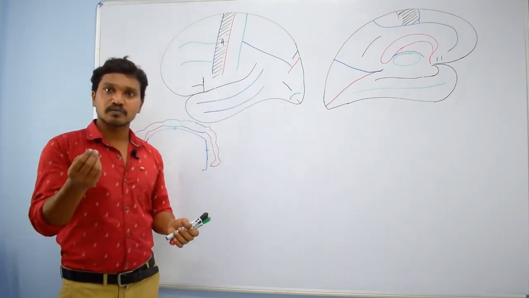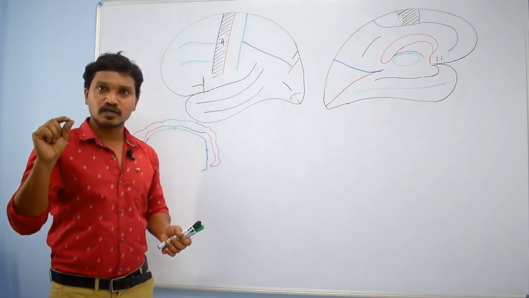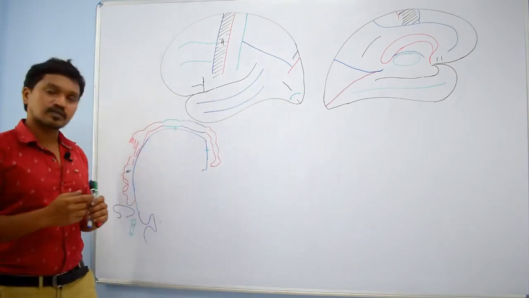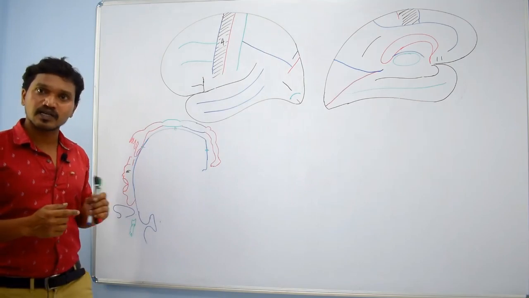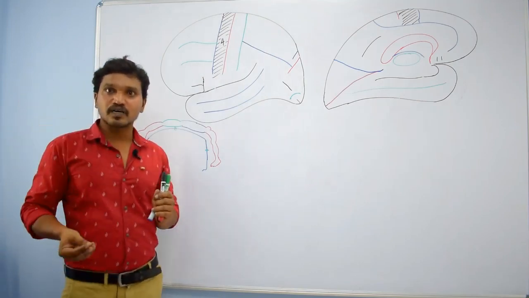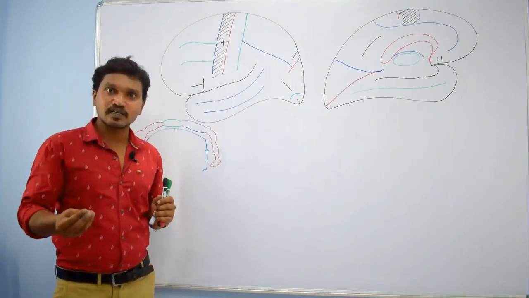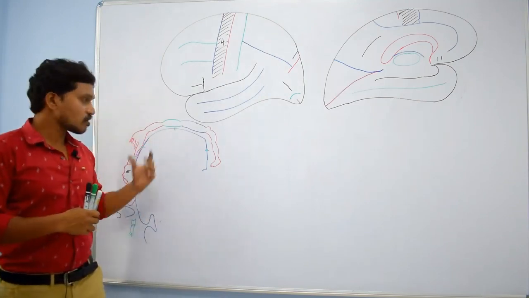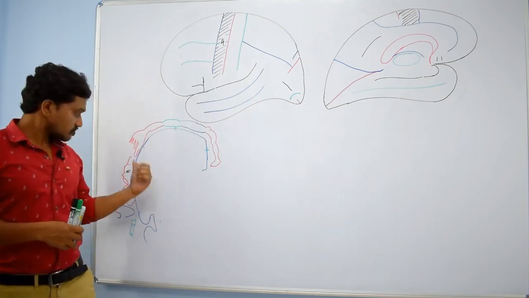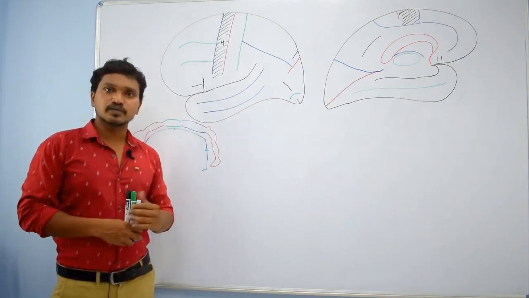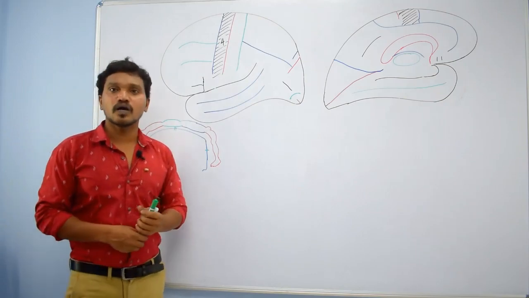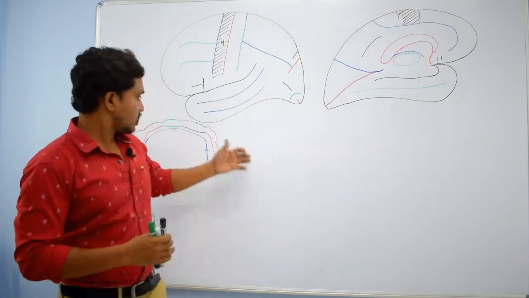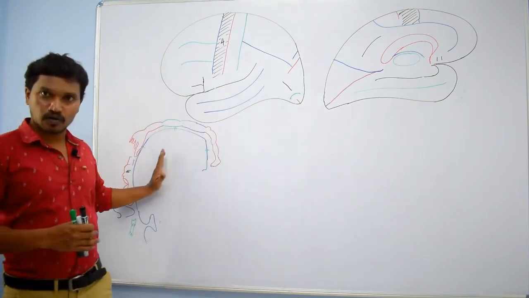So fingers, mainly thumb and index finger, will do so many skilled things. And tongue, lips, larynx, we will speak and we will sing. For all those things we need more representative area in the brain, right? This representation is what we call the motor homunculus, right?